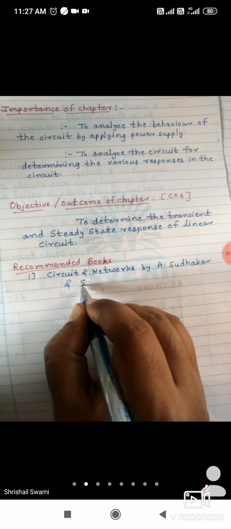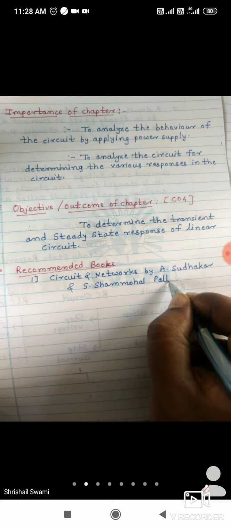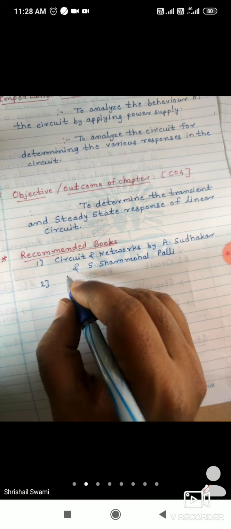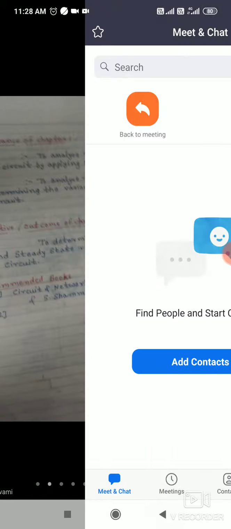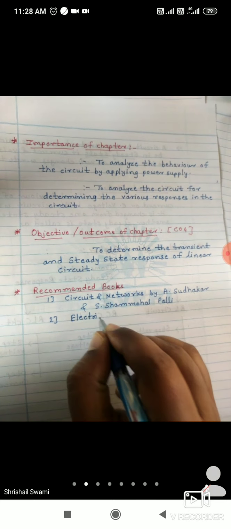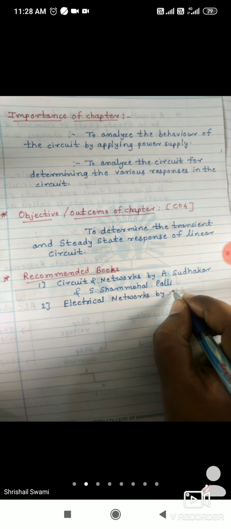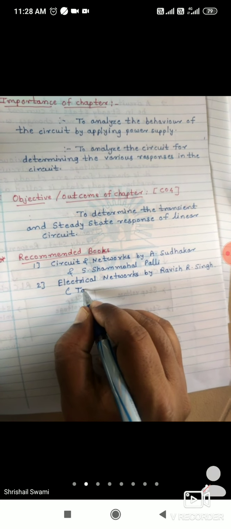The second book is also good: Electrical Networks by Ravish R. Singh. It is of Tata McGraw Hill publication.